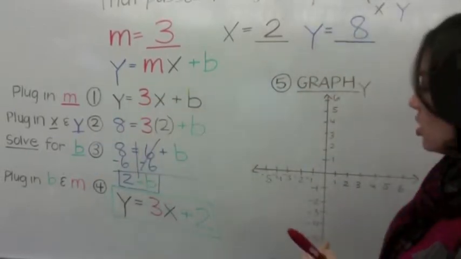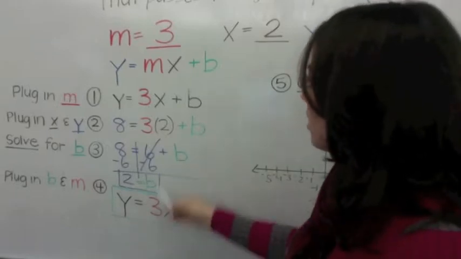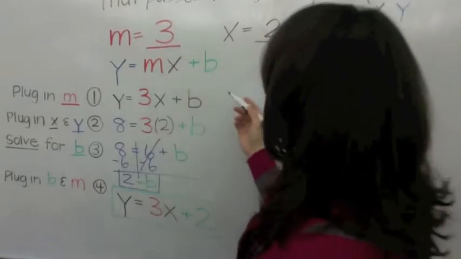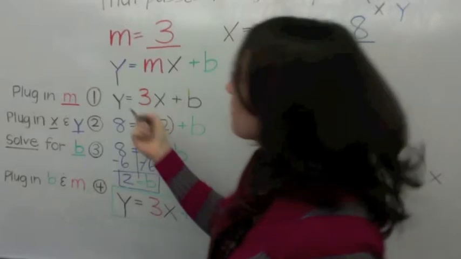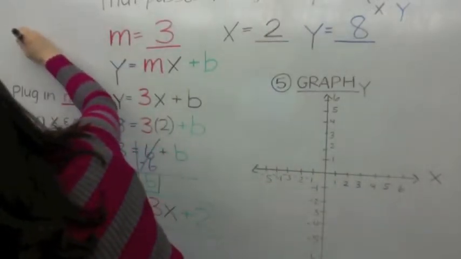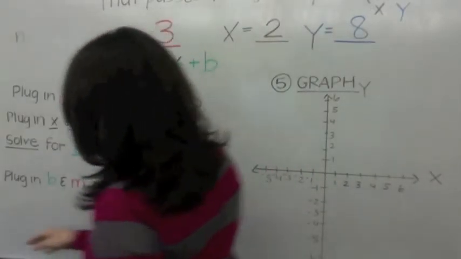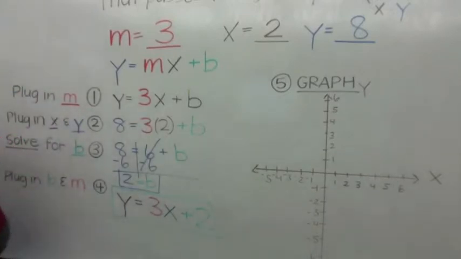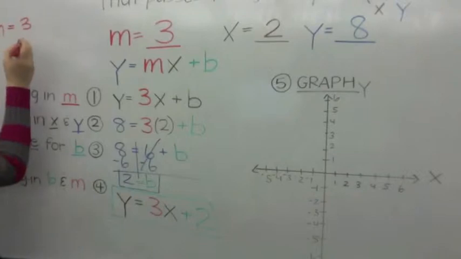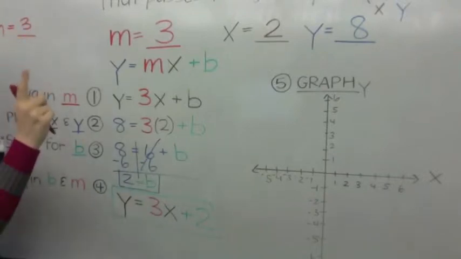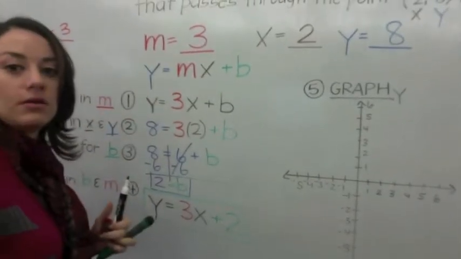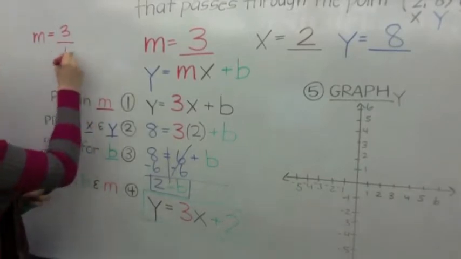So you know that the slope is 3, but when you go to graph the slope, let's go over this one more time. You have m equals 3, but it has to be a fraction, so it's 3 over what? m is 3 over 1.